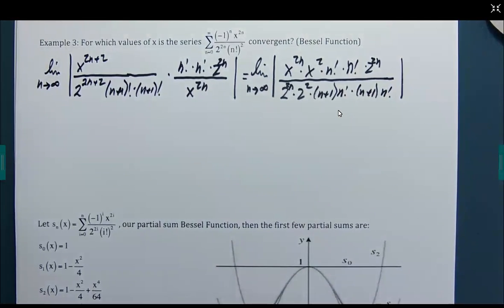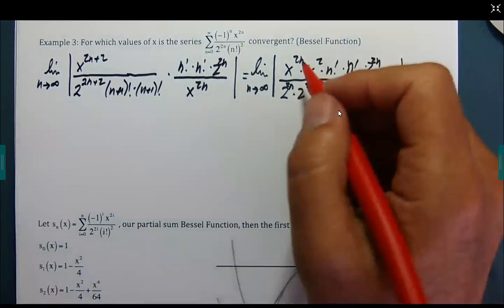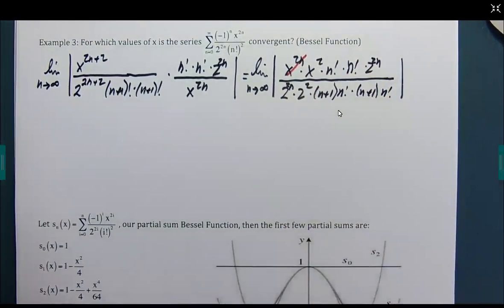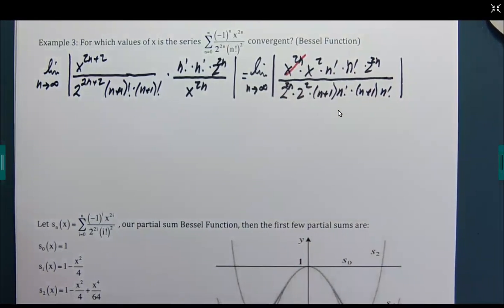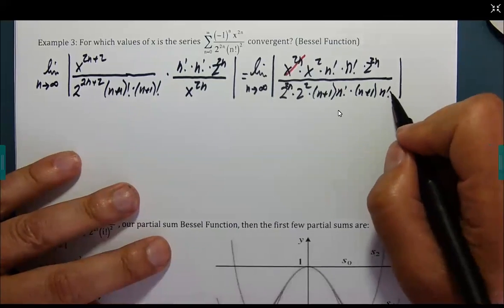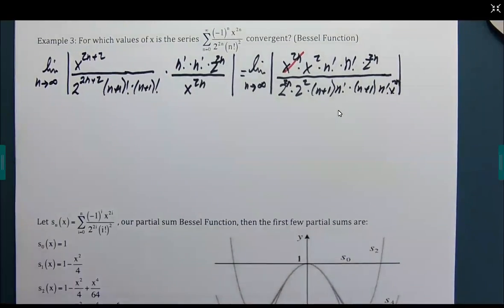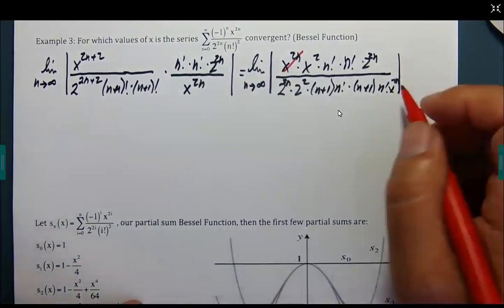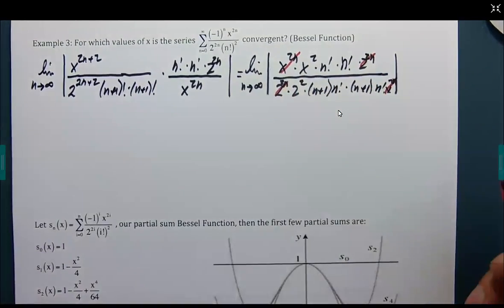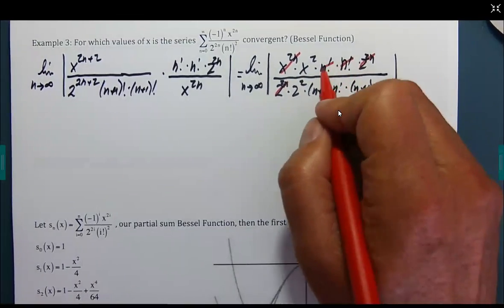And we got a lot of juicy stuff reducing out here. X to the 2n is gone. Oh, I forgot that. X to the 2n down here. Sorry about that. And that reduces with this here. 2 to the 2n, gone. N factorial, both are gone.